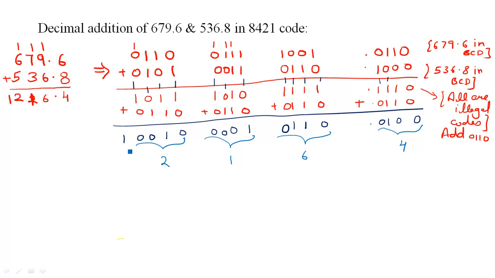This is 2, and this is 1. Or we can append 0 in front of this. So we are getting the answer 1216.4, same as normal addition. So this is how we do BCD addition. Thanks for watching this video.